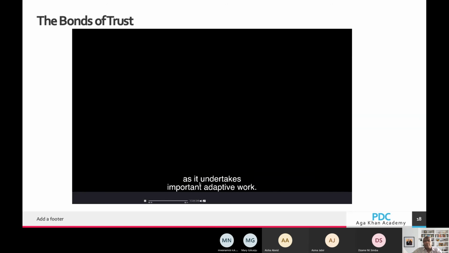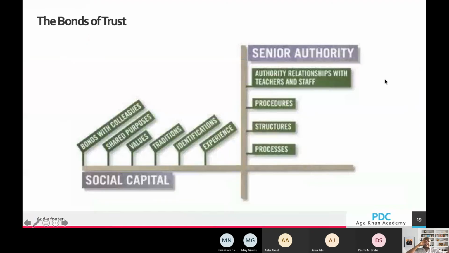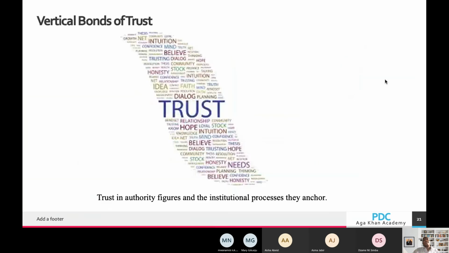So, Asma, it talks about that horizontal, whereby you are either in the same position. You can see the social capital. Horizontal is socially, but vertical is authoritarian, based on authority. So you find that this is vertical. It is based on authority, people who report to you, people who are under you.